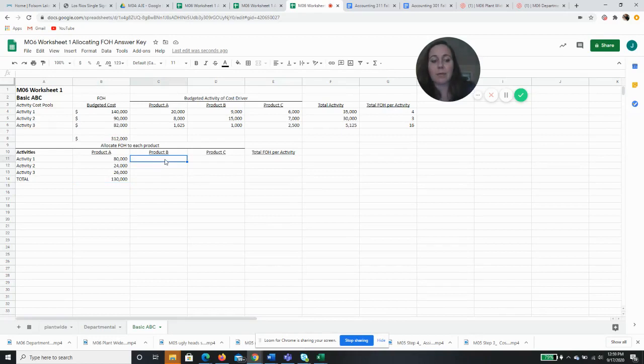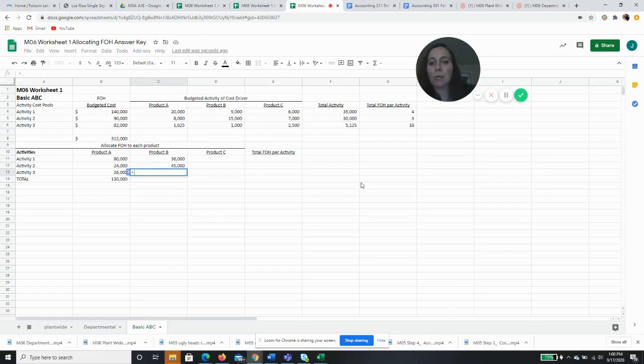So product B uses 9,000 of activity 1 times our factory overhead allocation per activity of $4. So related to activity 1, product B will get $36,000 of factory overhead. For activity 2, product B uses 15,000 times a rate of $3. So they get allocated a total of $45,000 of factory overhead related to activity 2.